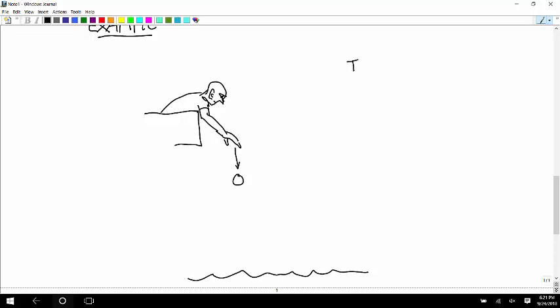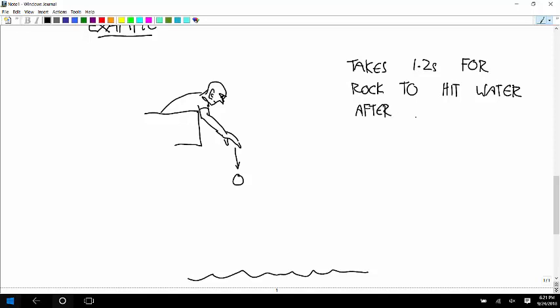And let's say that it takes 1.2 seconds for the rock to hit the water after it's dropped.